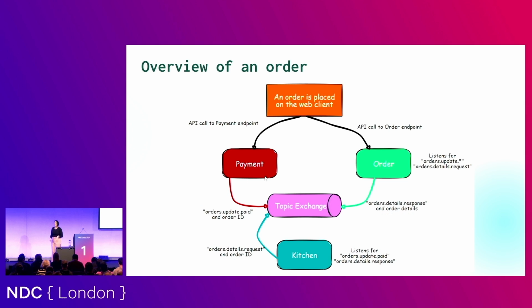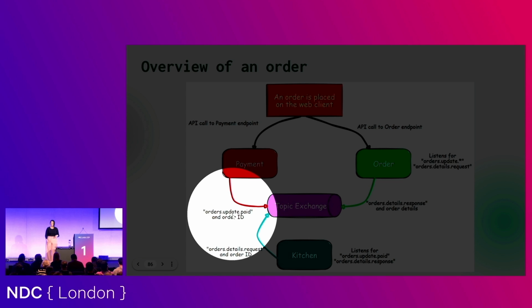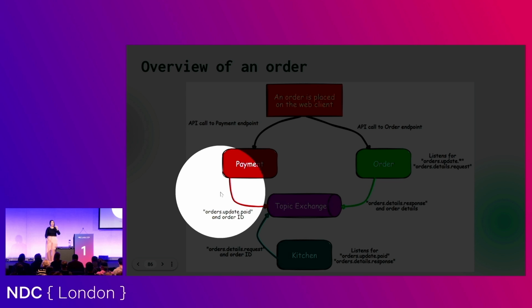Now we want to send out an update saying the order has been paid. So that's where we put out an event saying orders update paid for this order. If I show you down here, you can see we've got a tag, a name on the message. These are routing keys if you're using something like Rabbit. And this is saying, ID of this is now paid.